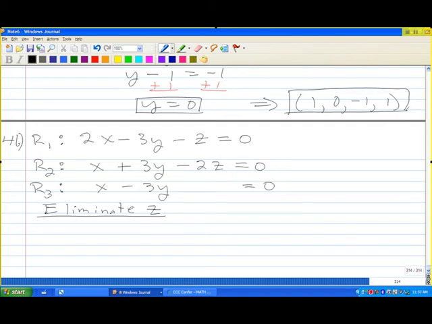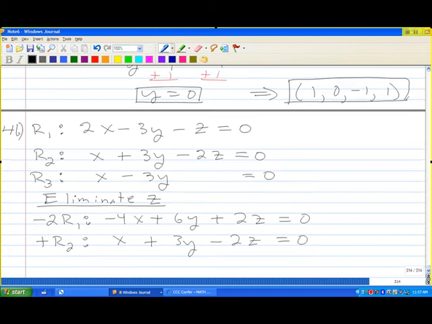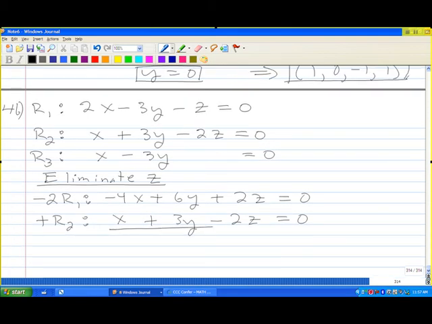So why don't I do negative 2 R1, negative 4x plus 6y plus 2z equals 0, and add that to R2. X plus 3y minus 2z equals 0. So if I do that, I get negative 3x plus 9y plus, well, the z's cancel, equals 0.